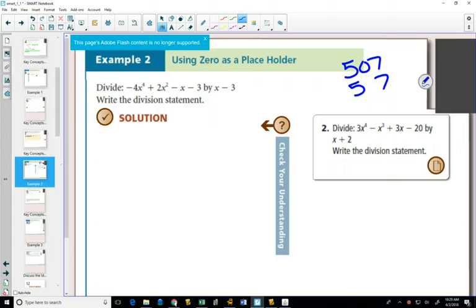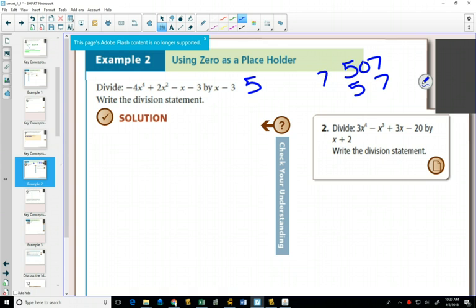Is everybody okay that that's also 507 if we didn't write the 0? No. You just have to write a space. So you just have to know, is that 50,007 or is that 5 million? How many zeros are there? Well, with numbers, we write zeros in there. But with polynomials, we don't, because they're really not important.